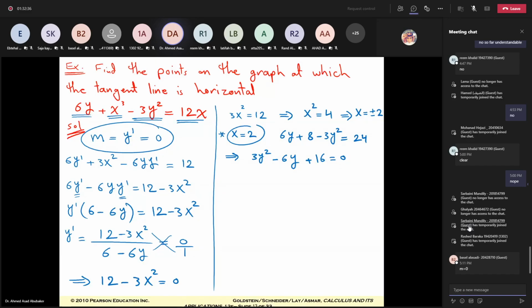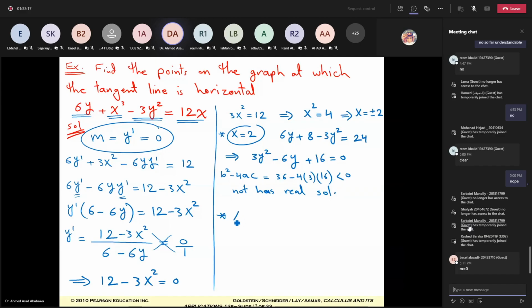When we solve this quadratic equation, the discriminant b squared minus 4ac equals 36 minus 4 multiplied by 3 multiplied by 16. This is less than 0, so it does not have a real solution. So we don't have any point at x equal 2, no real solution.